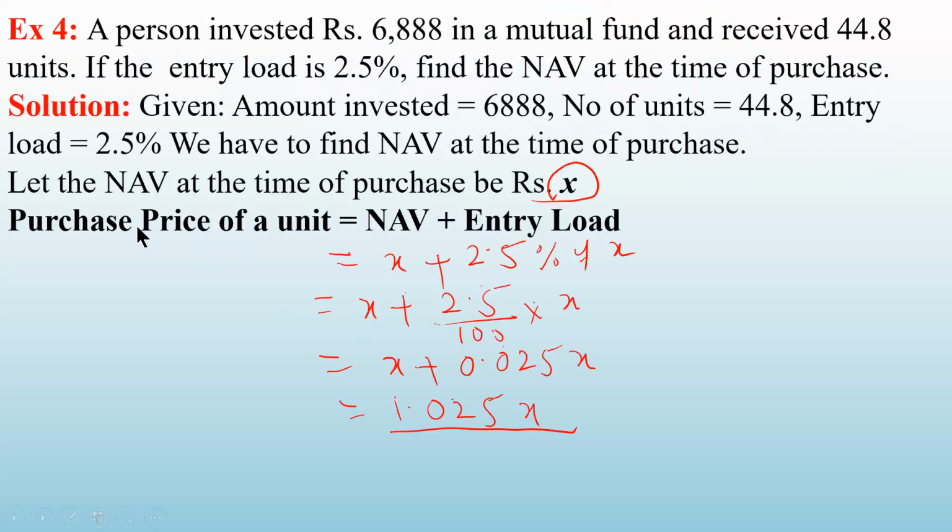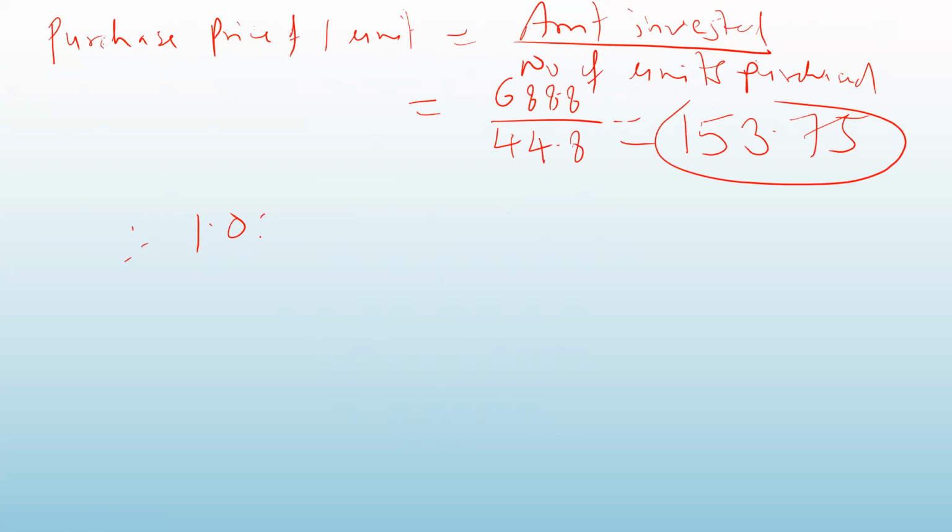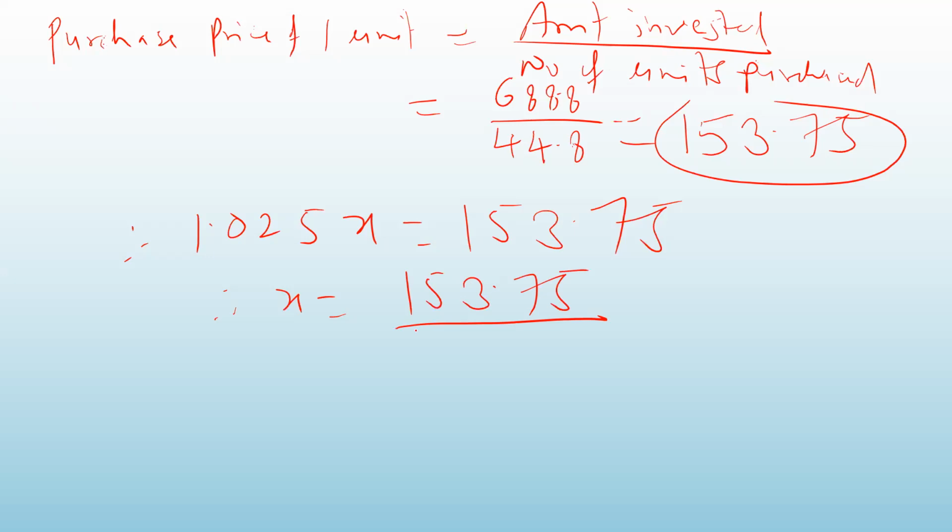Whereas we have calculated the purchase price of 1 unit as 1.025x. So that means they both are the same. Therefore, 1.025x is equal to 153.75. So what is the value of x? 153.75 divided by 1.025.